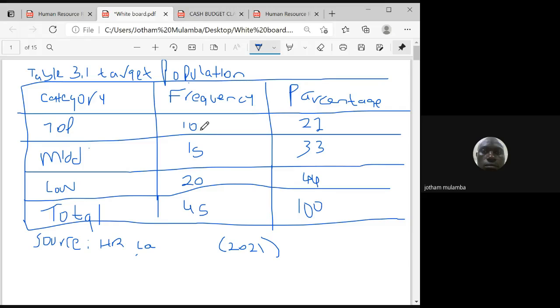For instance, they tell you if you have a target population between 100 and 500, then any percentage above 10% can do, as long as you still ensure that your sample size will not go below 30, so that you don't get data that you cannot analyze. So if you say any percentage beyond 10%, then it means you can select the percentage you like to use. You have freedom as long as you're not selecting any percentage below 10%.